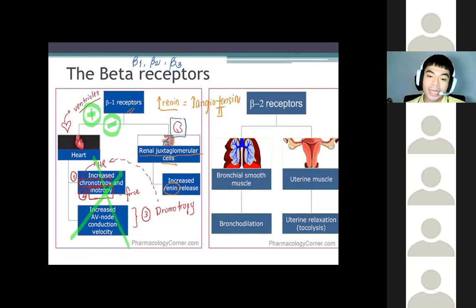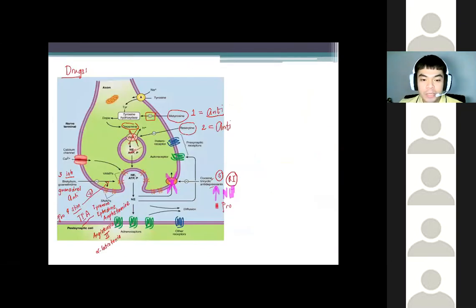So kapag tumaas ang renin, that causes an enhanced concentration of angiotensin 2. Remember, again guys, ang isang gamot or substance that can enhance exocytosis is angiotensin 2.